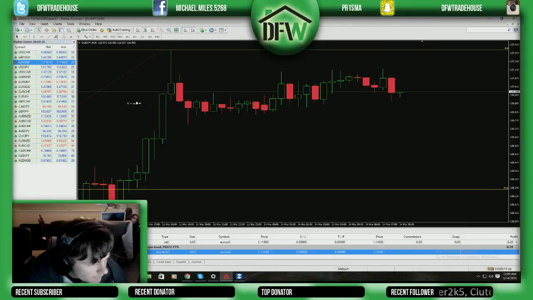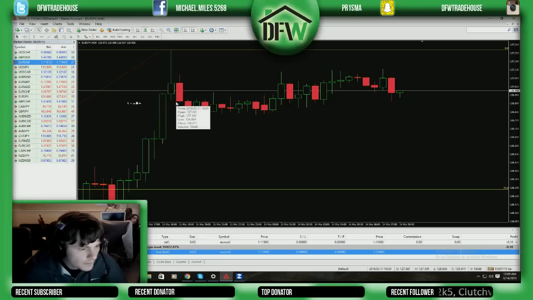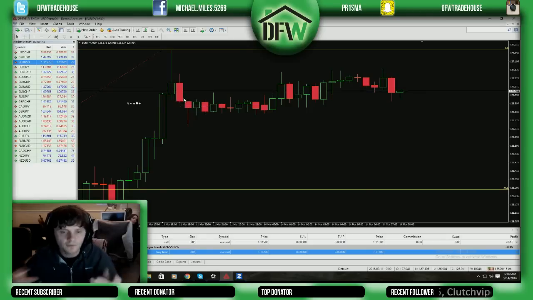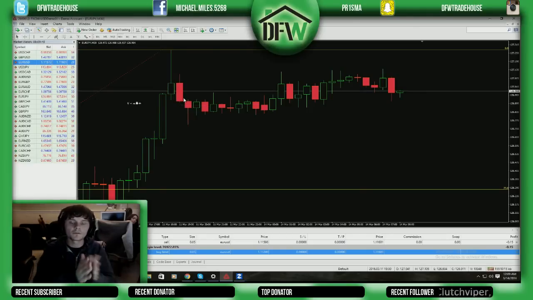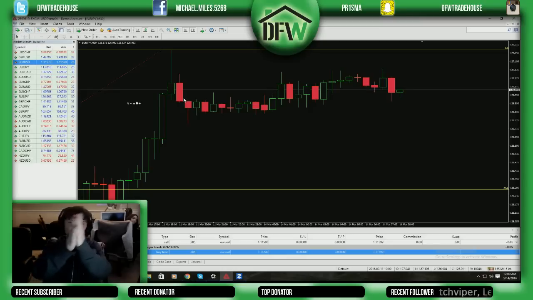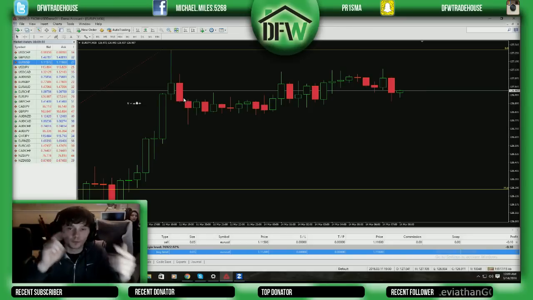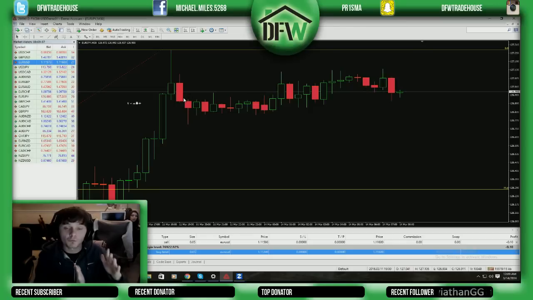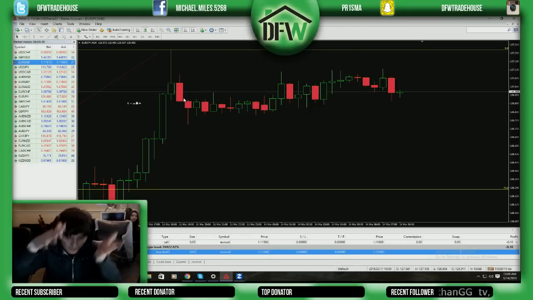Retracement versus reversal. Retracement is, obviously, if the market is going in an uptrend, it goes up and it retraces a little bit, and then it keeps going up, and then it retraces a little bit, and then it keeps going up. A reversal is just when the market is going up and then it starts going down.